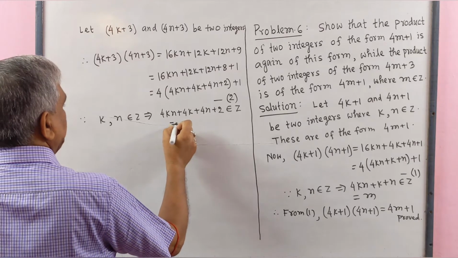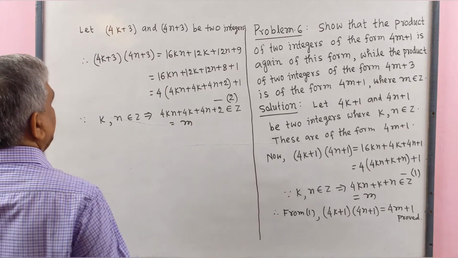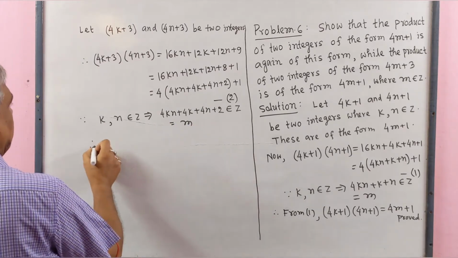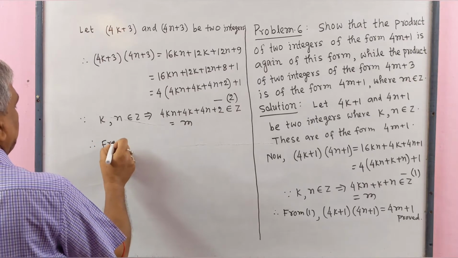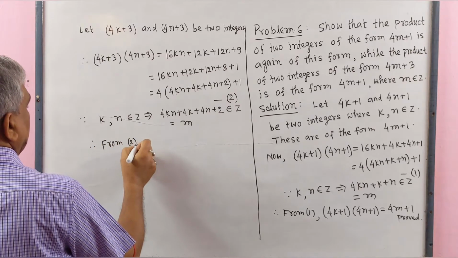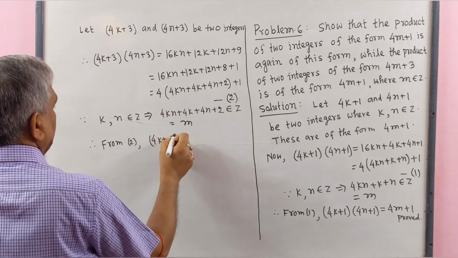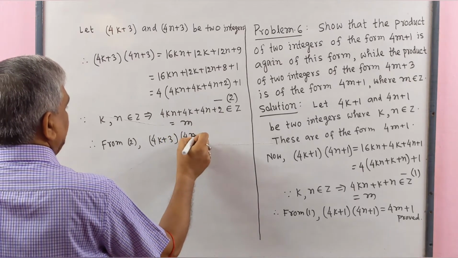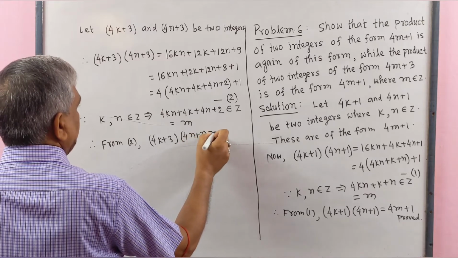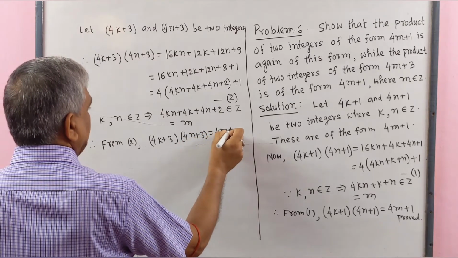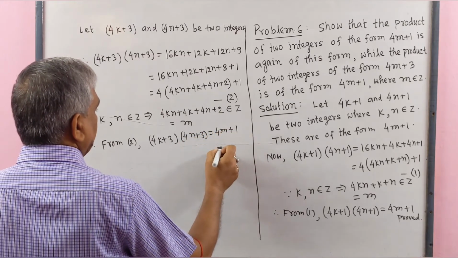Let this equal to m. Therefore, from 2, 4k plus 3 multiply 4n plus 3 equal to 4m plus 1. Proved.